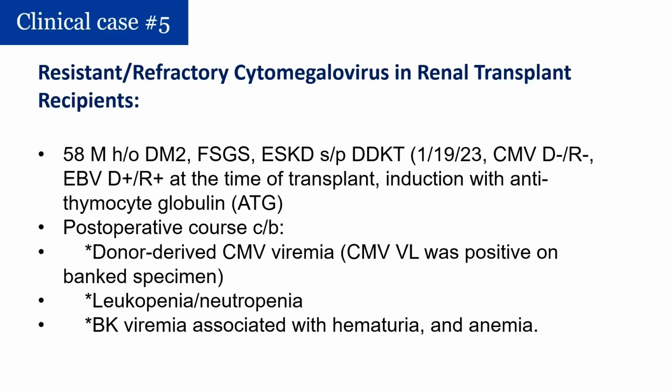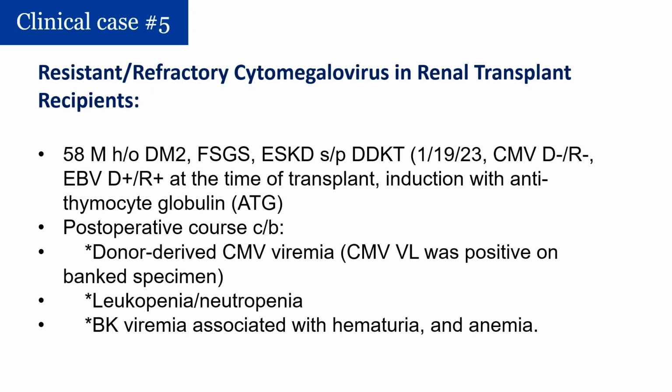So now another case with CMV, getting to much more of the challenges with CMV in terms of resistant refractory infection. So this was a 58-year-old that had donor-derived CMV by virtue of the fact that donor and recipient were seronegative, but then on recheck of the donor testing after the recipient had detectable CMV, was shown to have a very low level viral load.